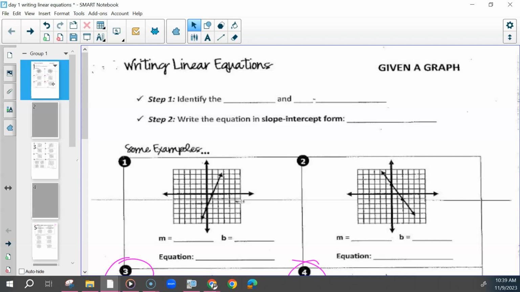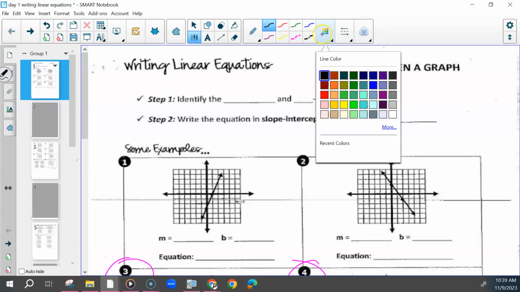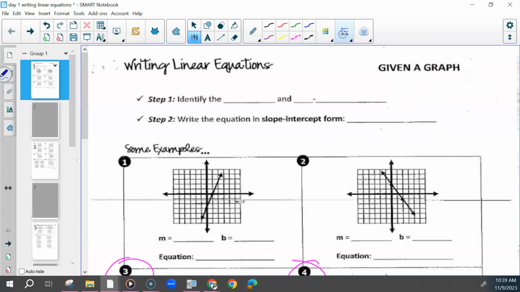One of them is writing from a graph, which we kind of did in graphing. So if we are writing from a graph, we need to identify what the slope and y-intercept is, and write the equation in slope-intercept form, which is what?